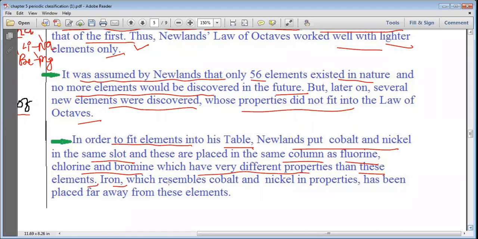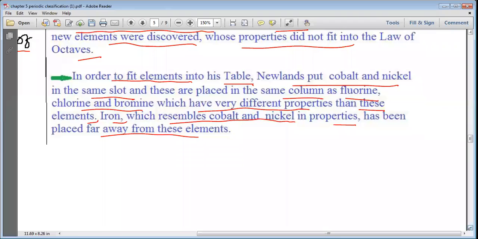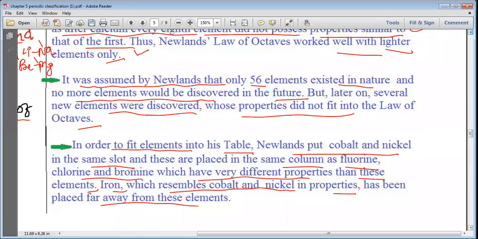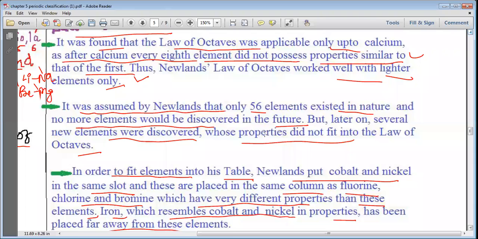But iron, which resembles cobalt and nickel in properties, has been placed far away from cobalt and nickel. So this is the third limitation of Newland's law of octave, that Newland arranged these elements in such a way that they do not have proper properties.